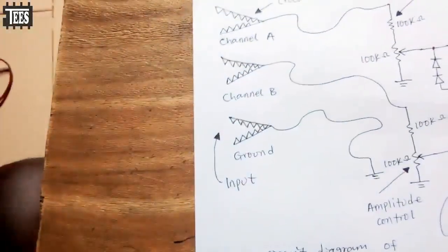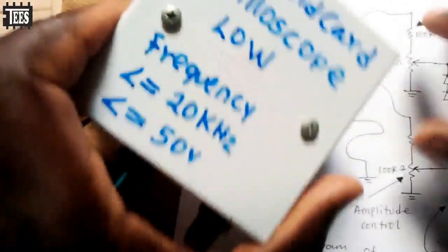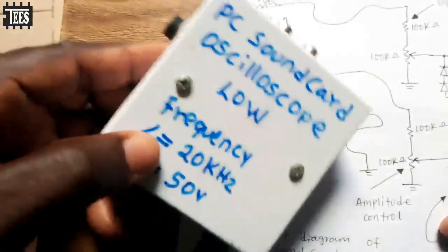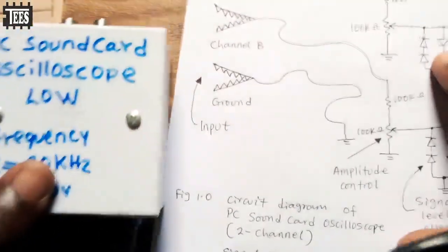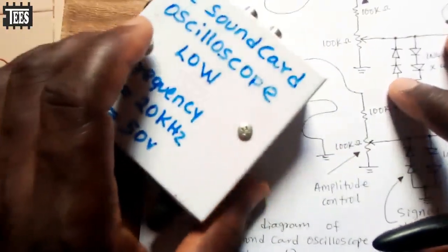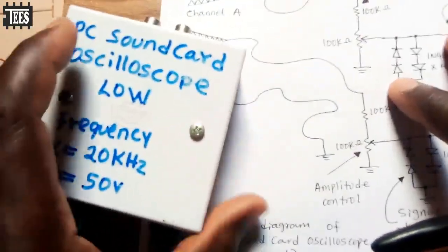So with this device, you don't need to worry yourself about getting an expensive oscilloscope. For example, if you design or consult on inverters, our inverter oscillator is at 50 hertz.